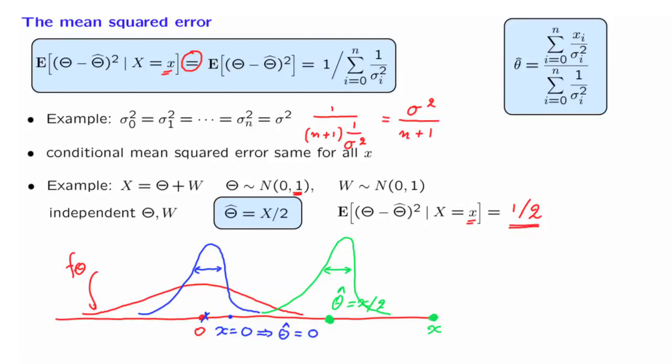It has a very nice side effect. It means that we can say anything there is to be said about the performance of this maximum posteriori probability estimator by just giving a single number. We can characterize performance only in terms of this number, as opposed to having to tell what this conditional mean squared error is for the different values of x.